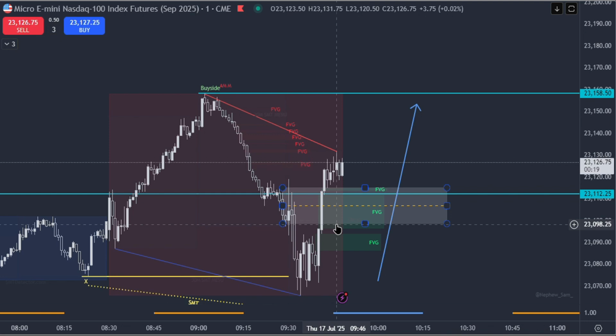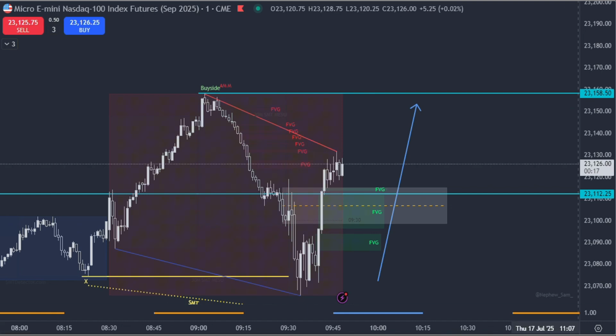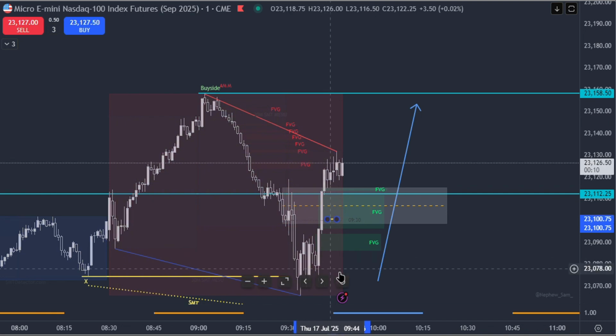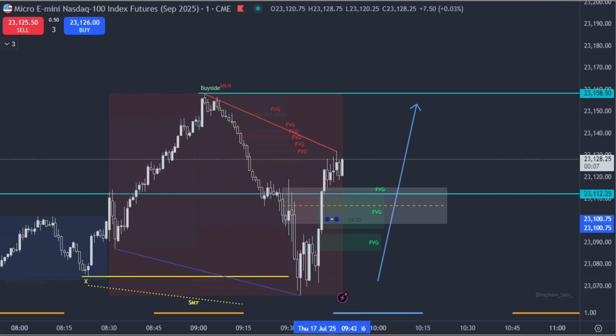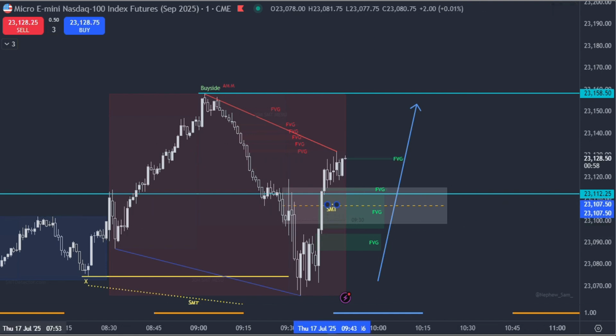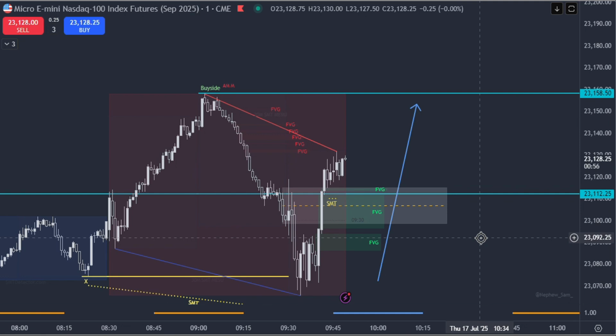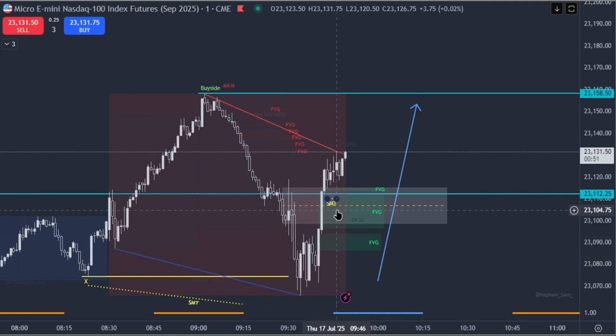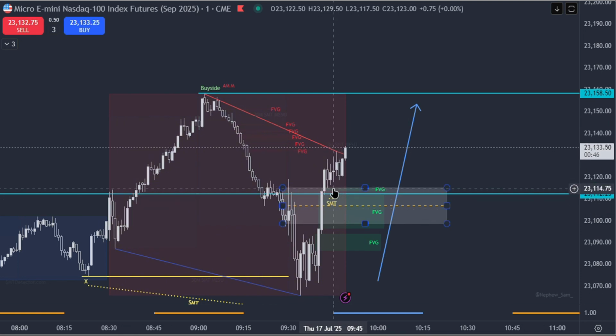It might just go up. We have SMT right here, this low with YM, meaning that this candle low already went into this fair value gap.